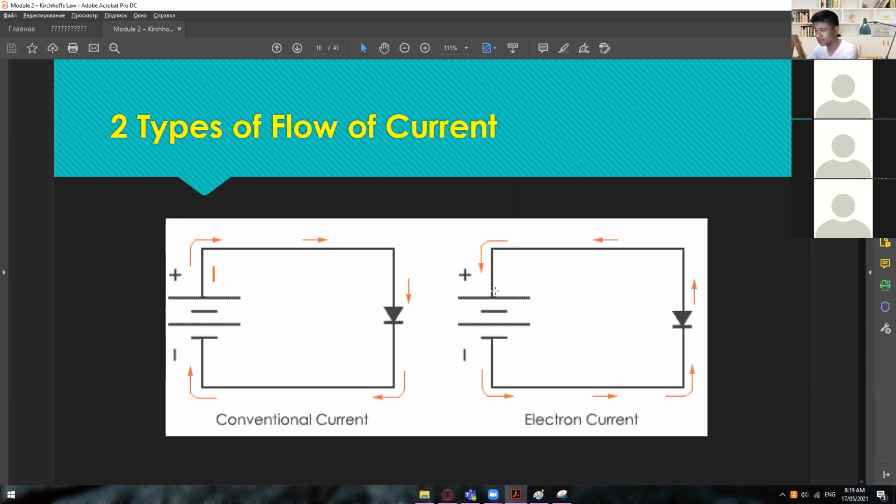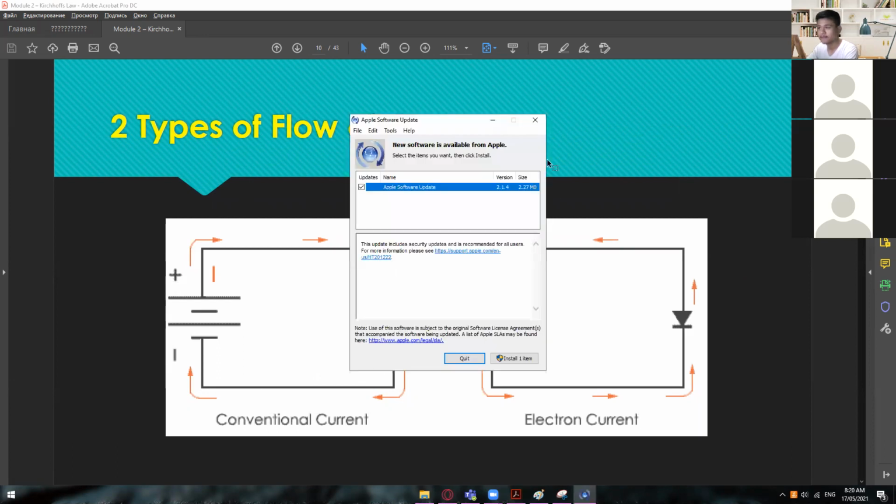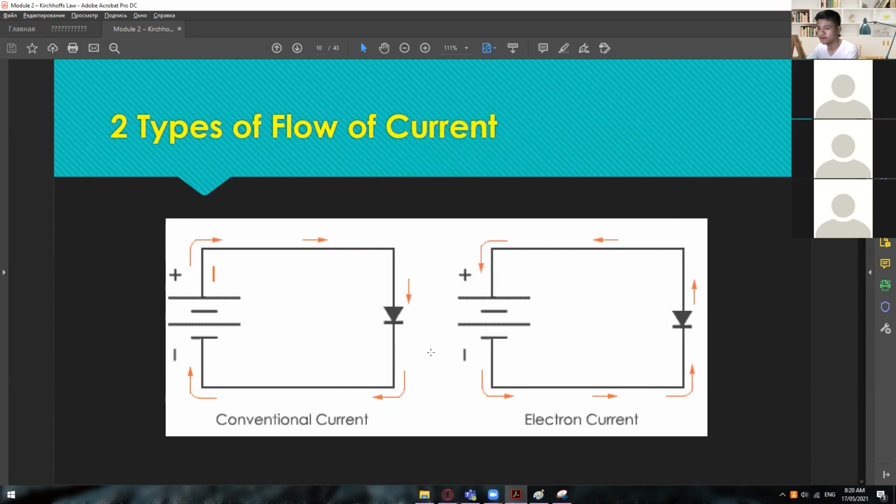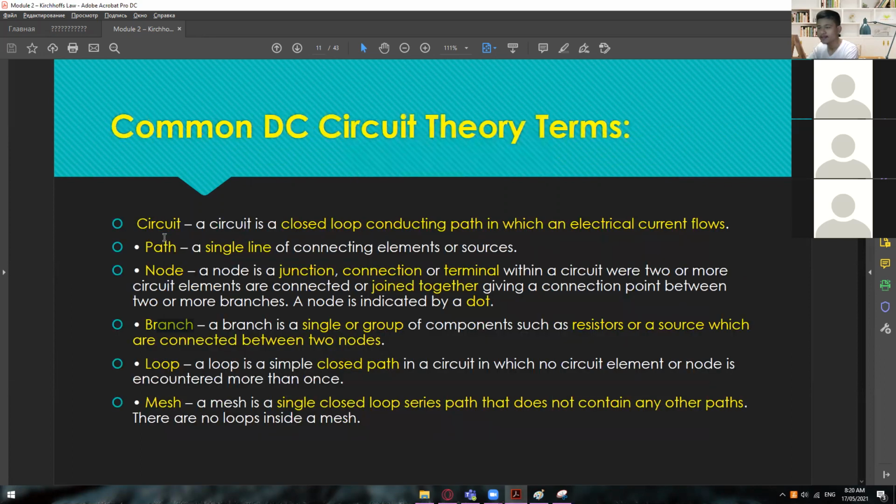I don't use this one, but it's up to you. They're both the same, so you can come up with the same result. But in my case, I usually go with the conventional current. So from here, going here, and then going there. So, conventional current. All right.